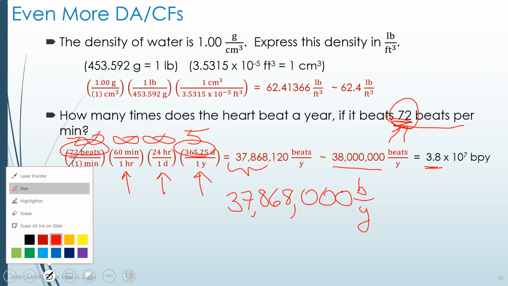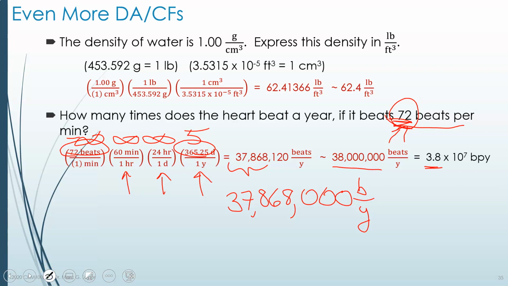I have assumed in this calculation that it was approximately 72 beats, but I neglected to mark it.